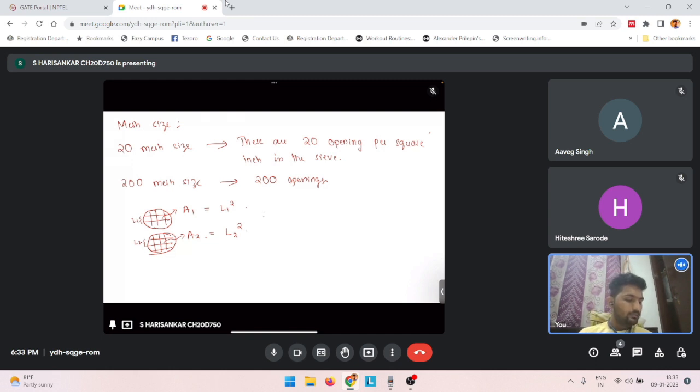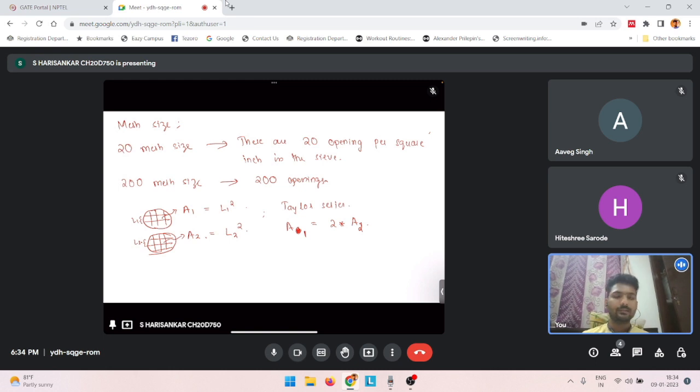Now, the concept is that the mesh sizes are arranged according to the Taylor series. That means A1 is on top, so A1 should be higher than A2. The area on the top, A1, is twice the area of the bottom mesh, that is A2.